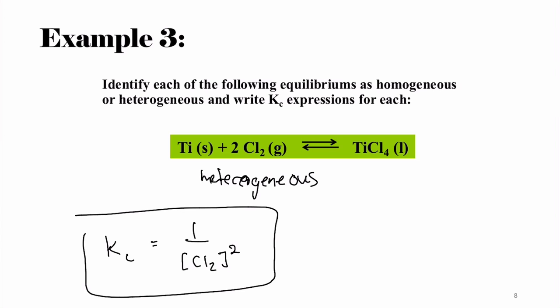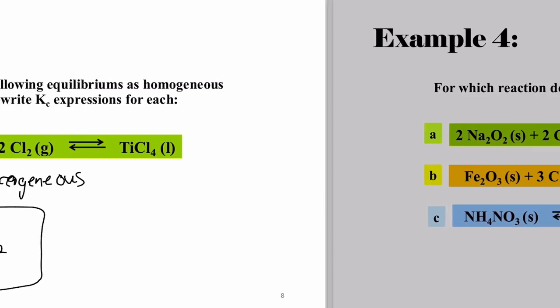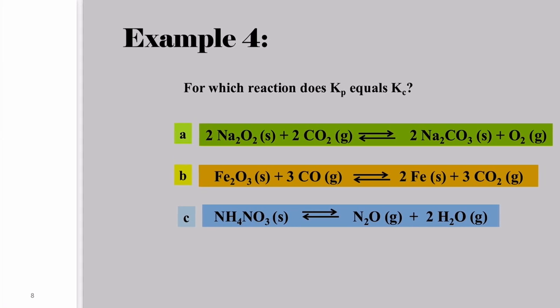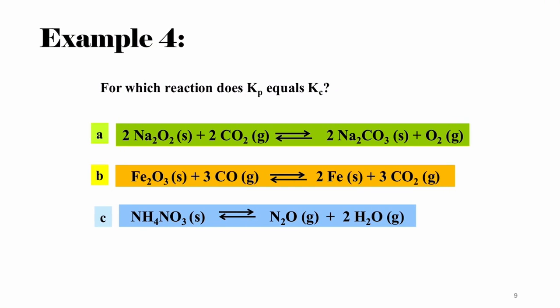So it's going to be not liquids, but aqueous or gaseous molecules. Okay, so for these 3 reactions, which of these reactions does Kp equal Kc? So think for a second what conditions you needed for those to equal each other.